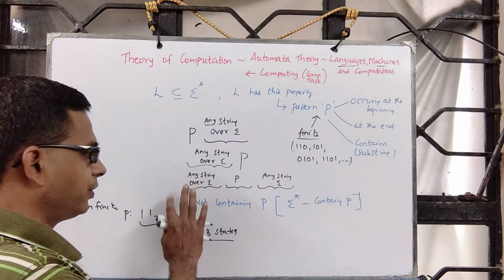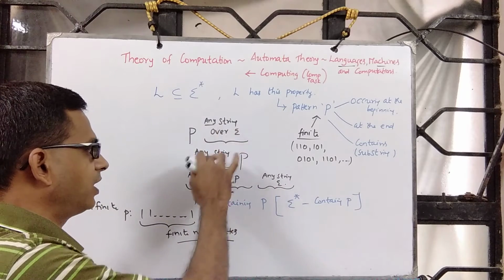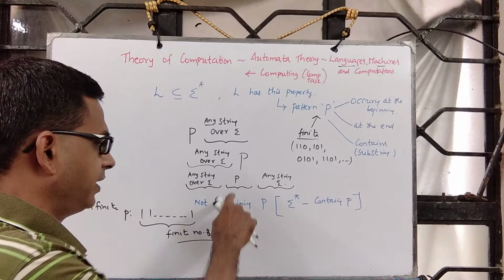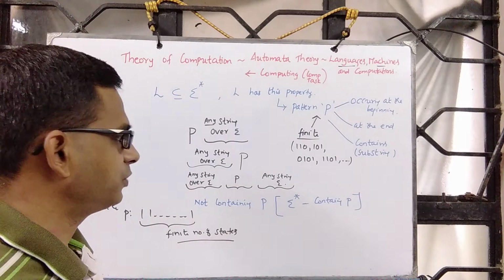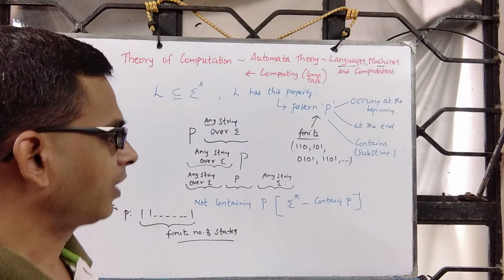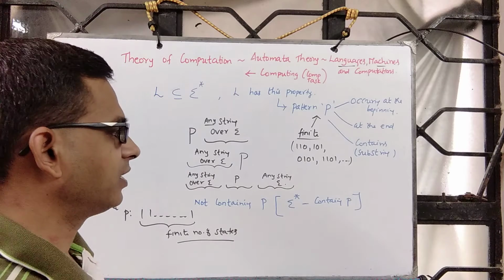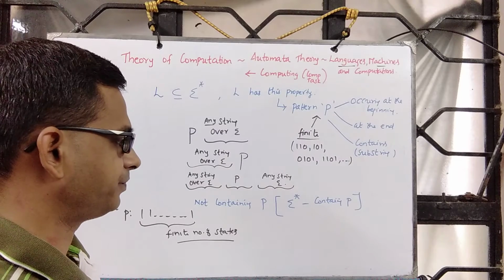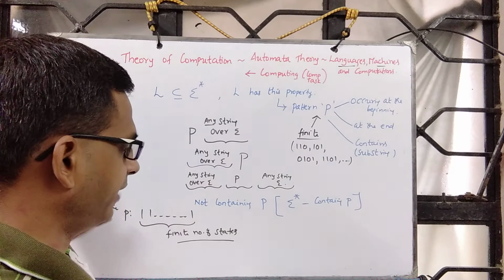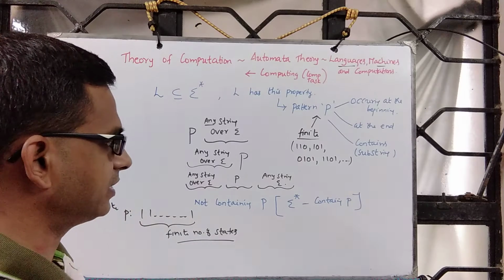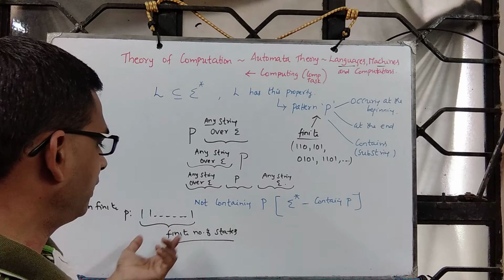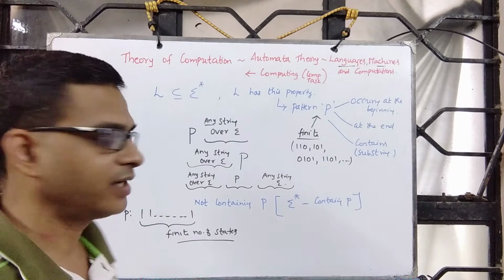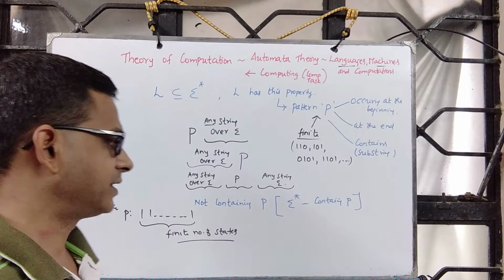And something to the left and the right, you can manage with the states that are used for P. In some cases you may need a couple of additional states, but we will still be in the finite zone. The moment the pattern is infinite, because the notion of infiniteness is not well defined, we won't be able to say that this can be accepted using a finite number of states.